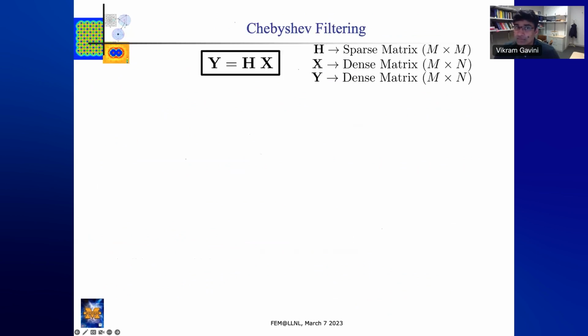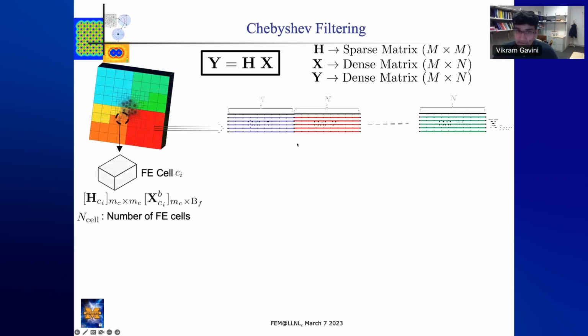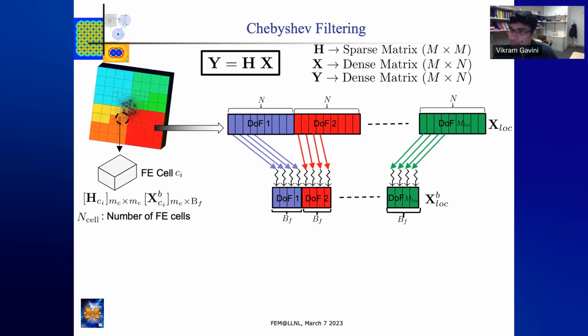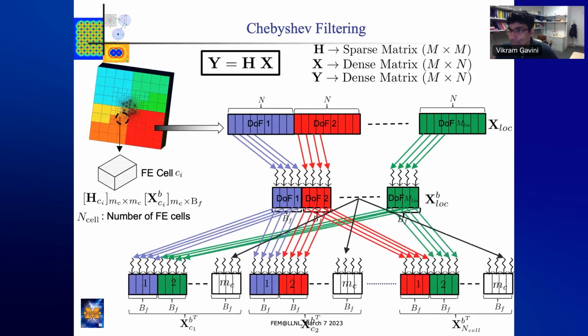Mm-hmm. So this is a dense matrix, and we're accessing these wave functions when doing this H times X. When we pull out these DOFs, even in a strided access manner, this copy and access operation can control the costs. Interesting.